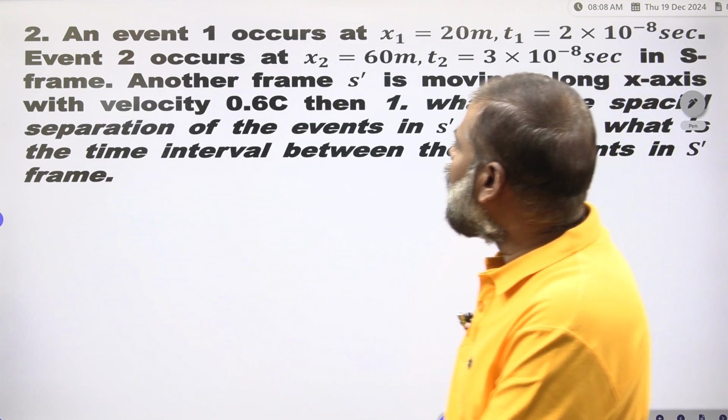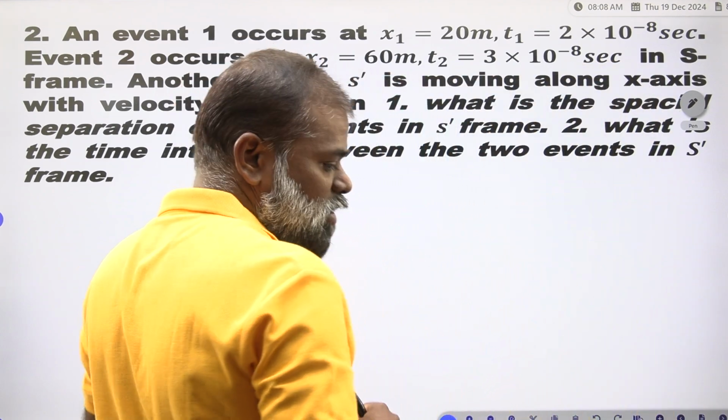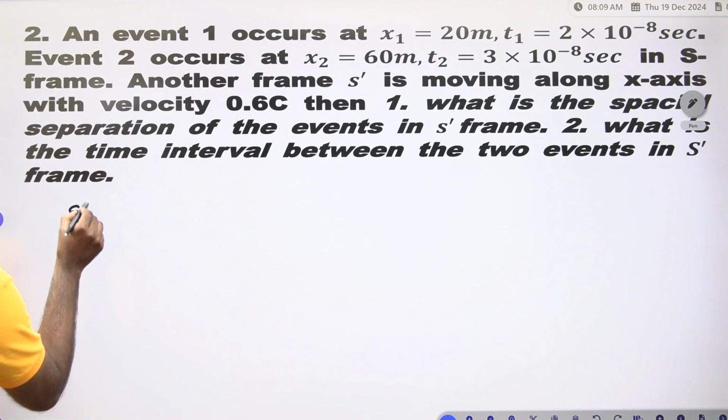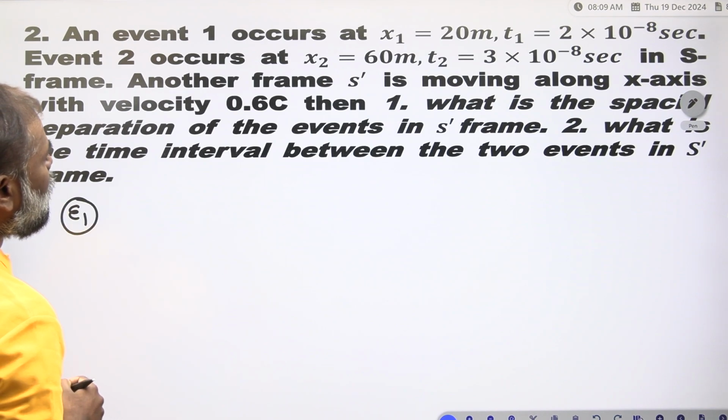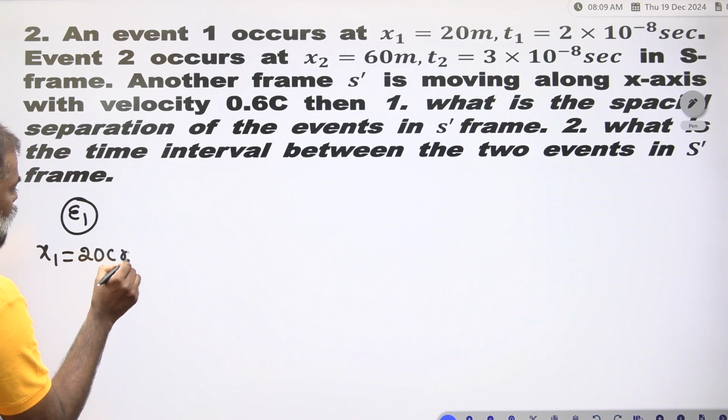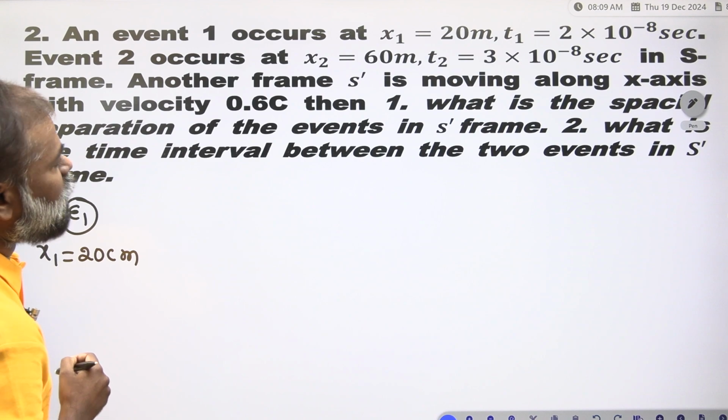Once you have to see, an event 1 occurs at x1. Suppose you take the data: first write that event 1 occurs at x1 is equal to 20 centimeters.